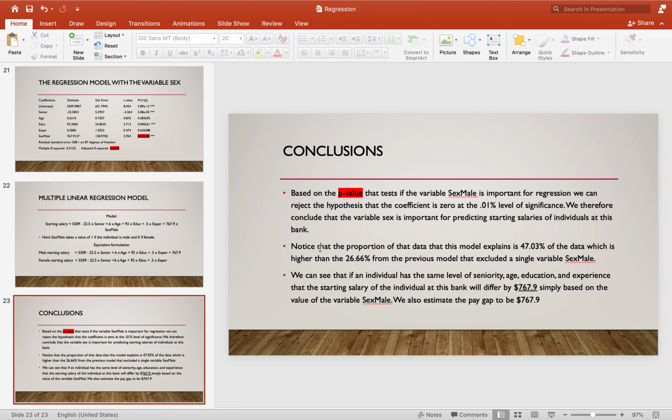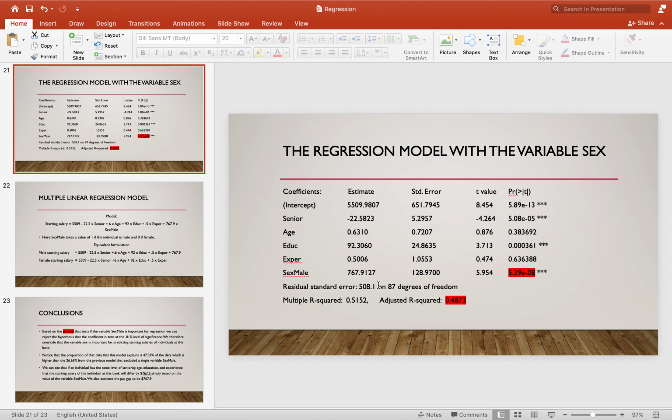Another key takeaway is the R squared value. The adjusted R squared is what I'm using here. And it says that the proportion of data that this model explains is about 47.3. Excuse me, it should be 48%.